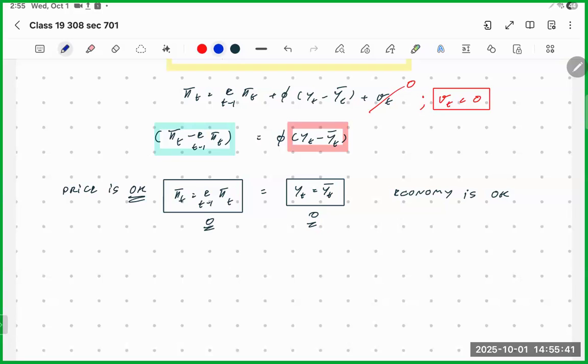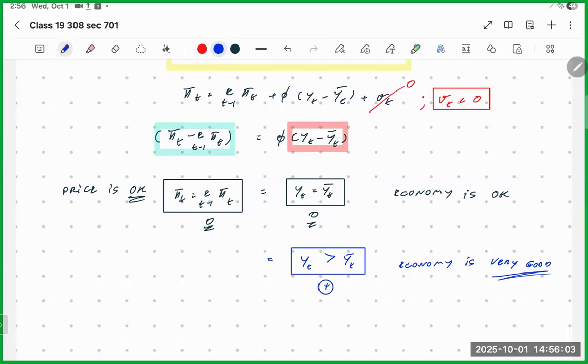Okay. On the other hand, if yt greater than yt bar, the right hand side of the equation is positive. This one, the economy is very good. The right hand side is positive, it means that the left hand side has to be positive too.